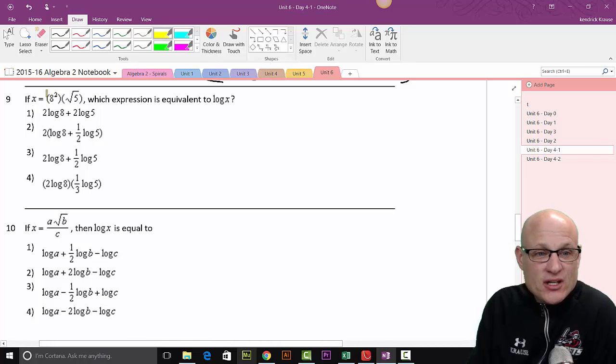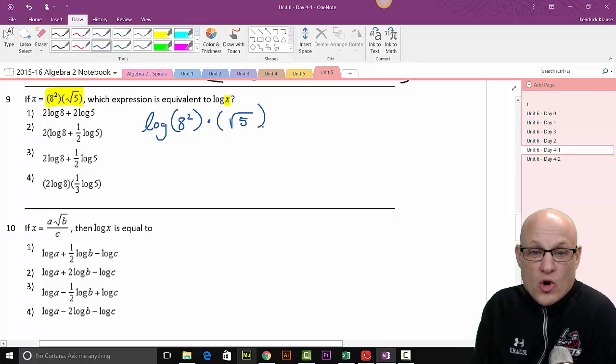All right, let's see what we got here. We got a mess. All right, so this is all x. So I'm going to replace this x with that yellow mess right there. So it's log, let's see if I can do it, because this looks like it's going to be a lot. Log of 8 squared times the square root of 5. All right, so let's do this first.